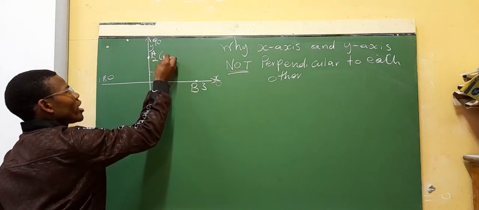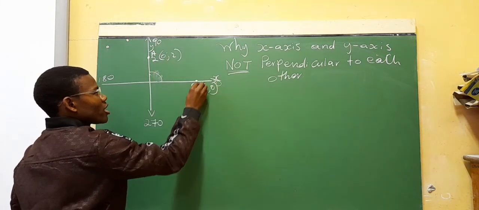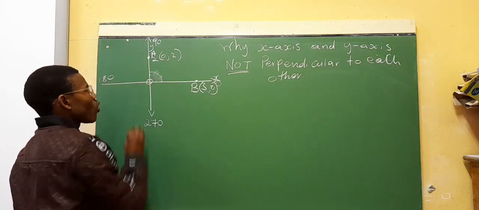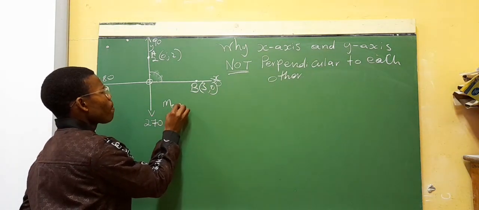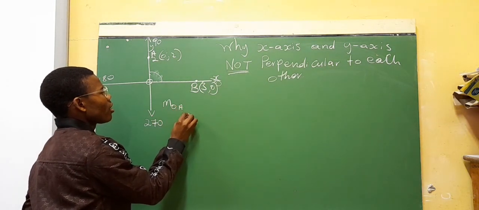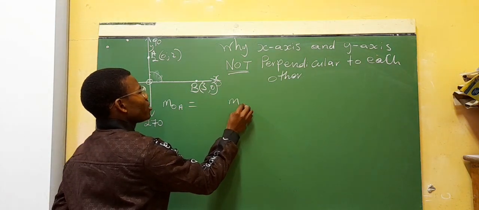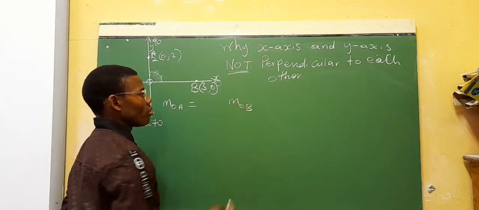The coordinates of A are (0, 2) and the coordinates of B are (3, 0). This one is O. Let me find the gradient of line OA and the gradient of line OB.